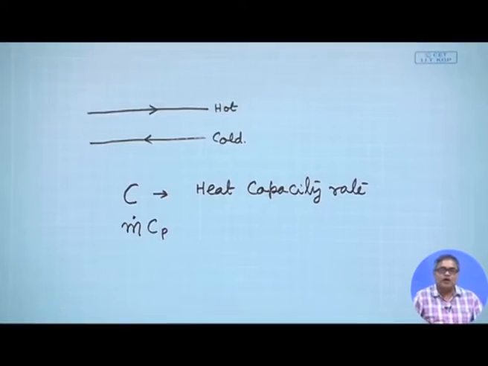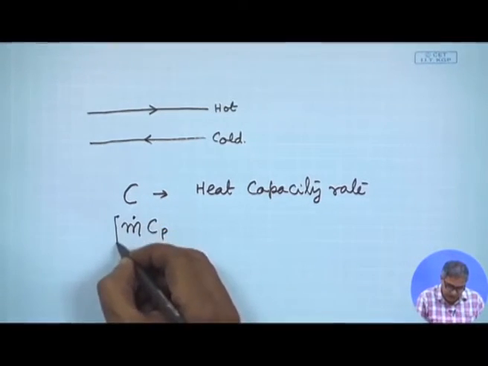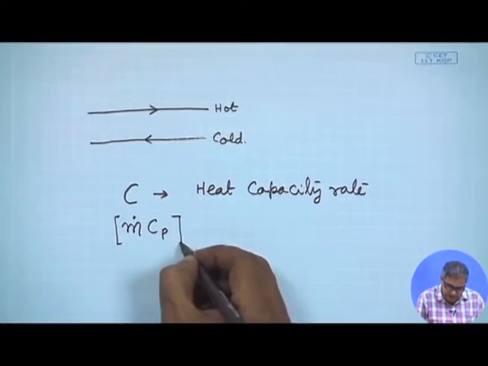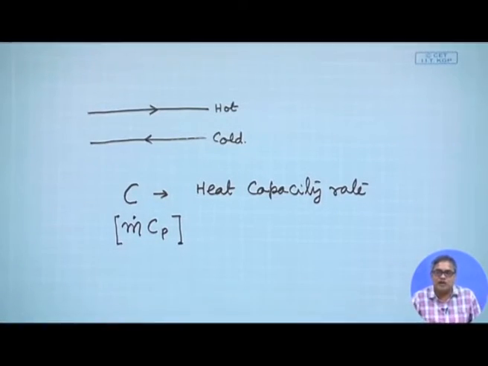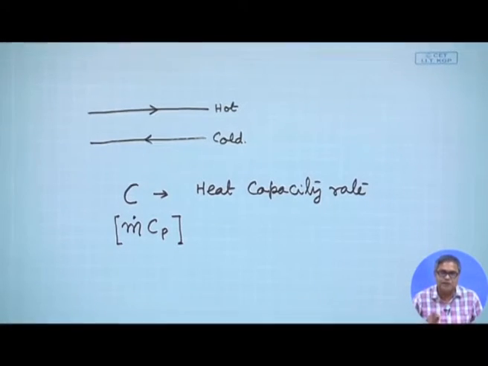This heat capacity rate, m dot of course remains constant, because at the beginning we have told that we are dealing with a steady state situation. So, for a particular stream m dot remains constant, and Cp we assume to be constant, it does not change with temperature, so that it does not change along the length of the heat exchanger.